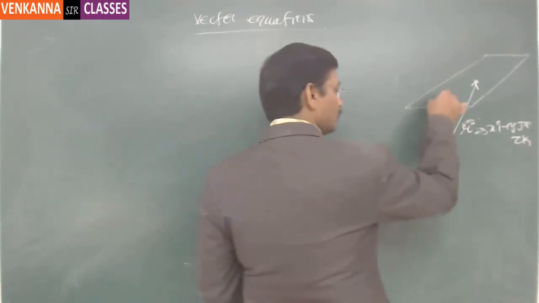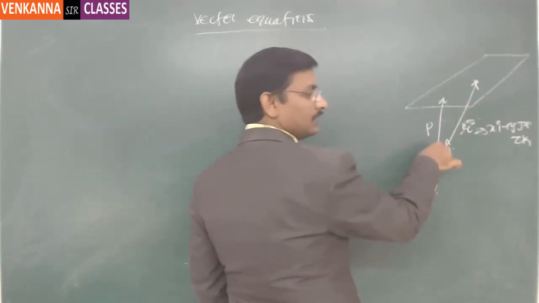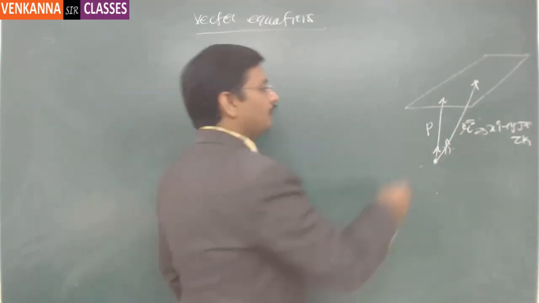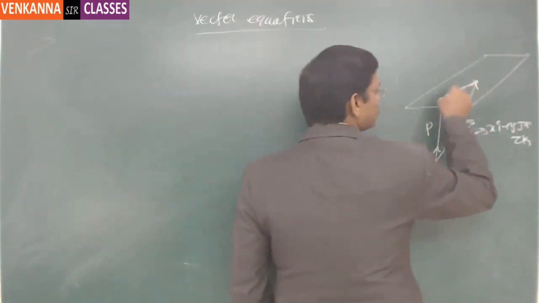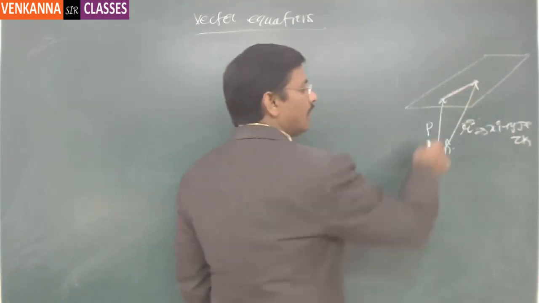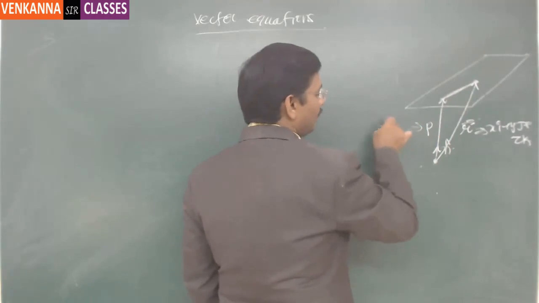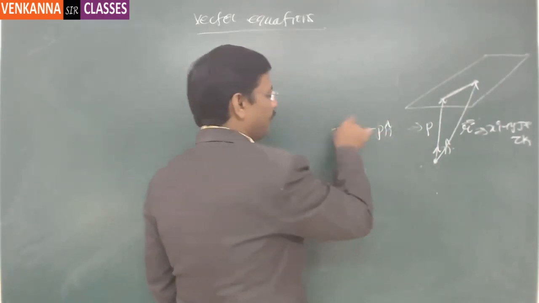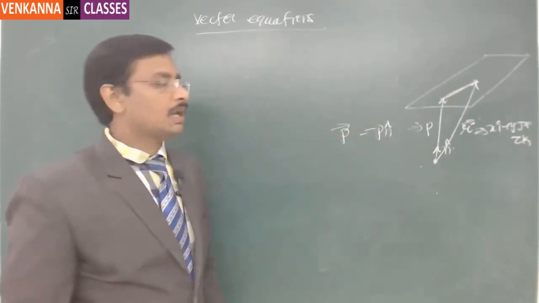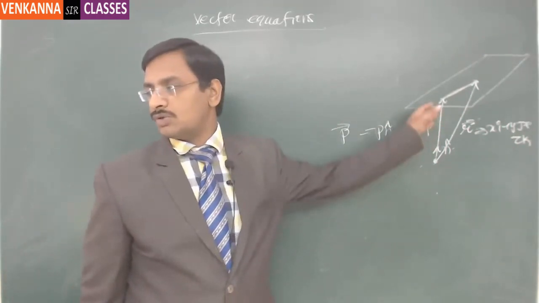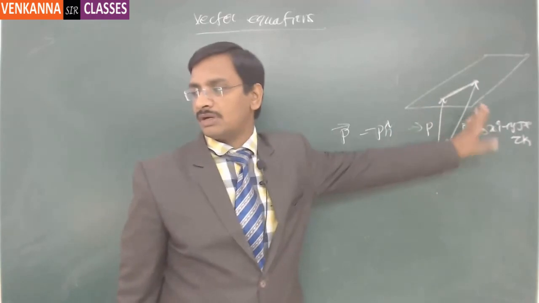This magnitude is P, which is the height till the ceiling, and this is the unit normal vector n cap. So this vector is P n cap, where P is the magnitude and n cap is the direction of the unit normal vector to the ceiling. Now this is the position vector r.